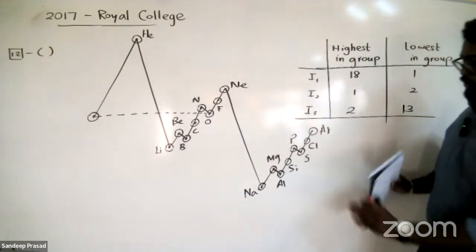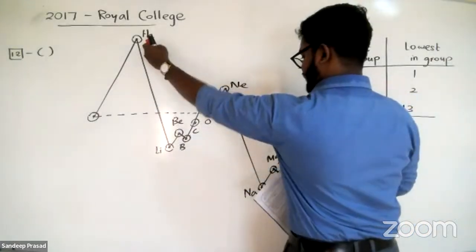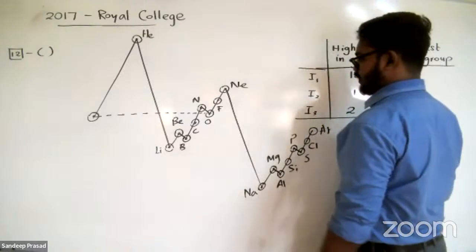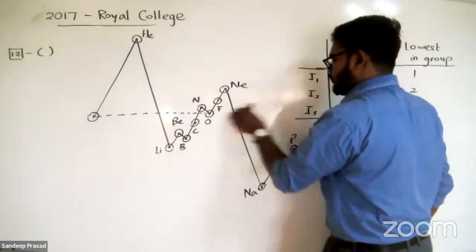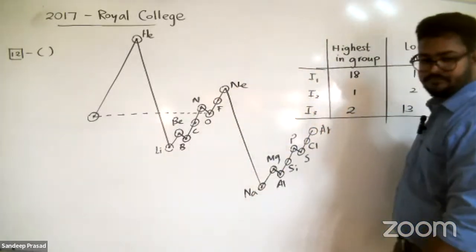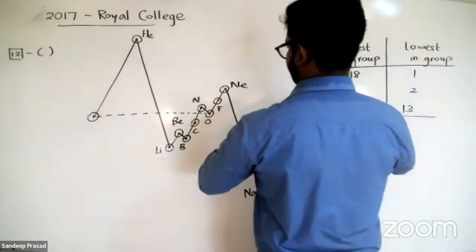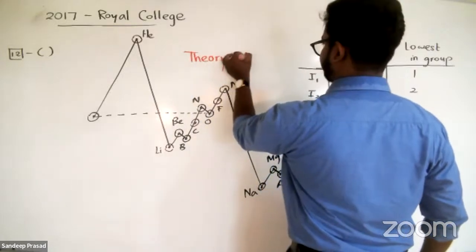I told you, right? You have to shift the elements to the left-hand side. Lithium will come here, beryllium will come here, and then you can obtain the second ionization energy. If you want to derive the third ionization energy graph, you can move the graph another time. Move the elements. So you have to remember this theory point related to the first ionization energy. Quickly. This is the theory point.